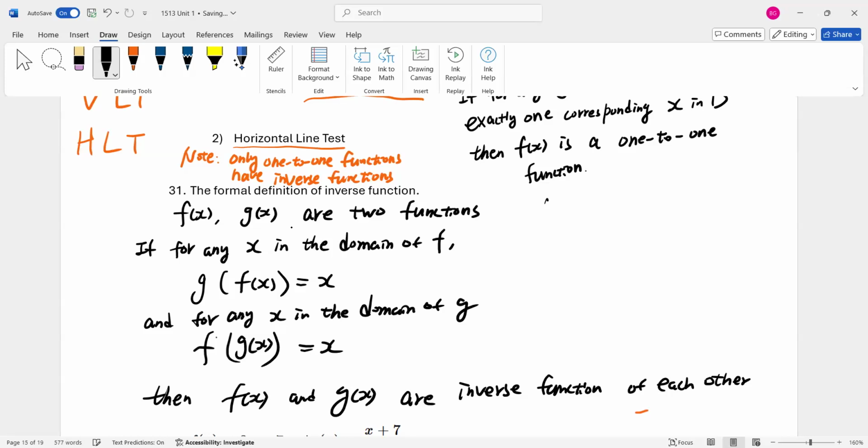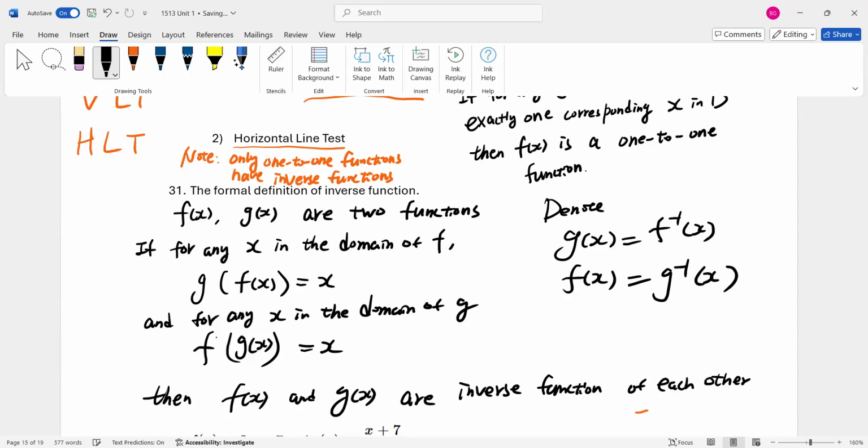And we denote g as f inverse, and f is g inverse. This is the formal definition of inverse function.